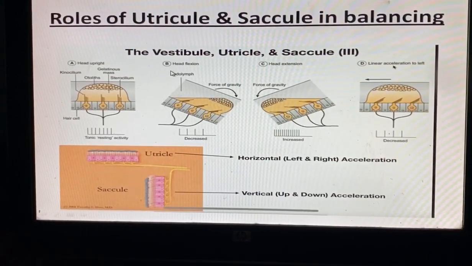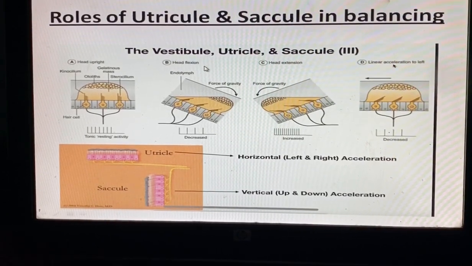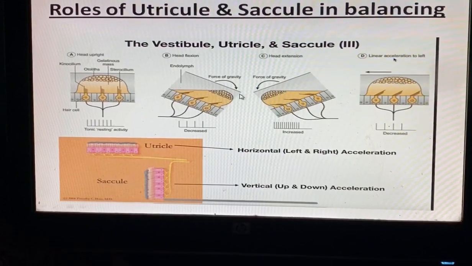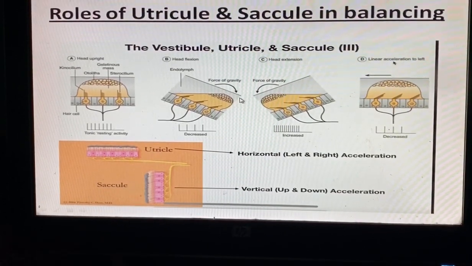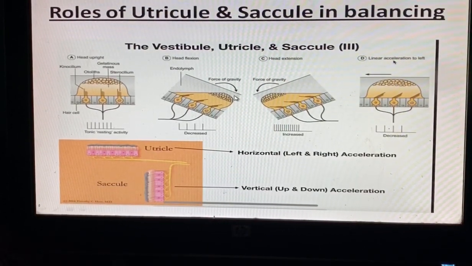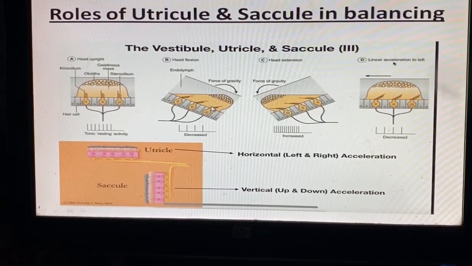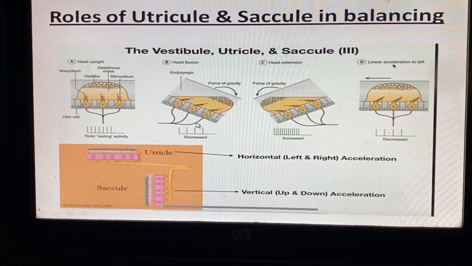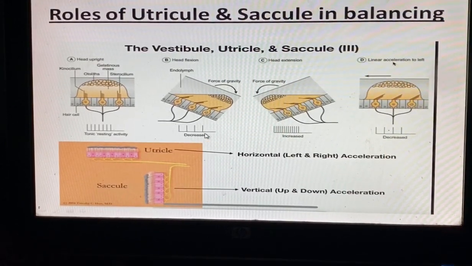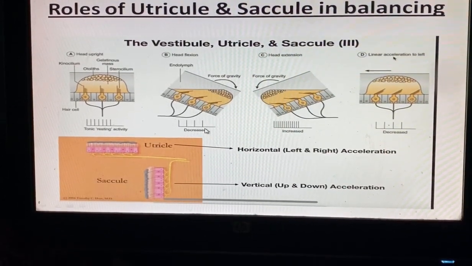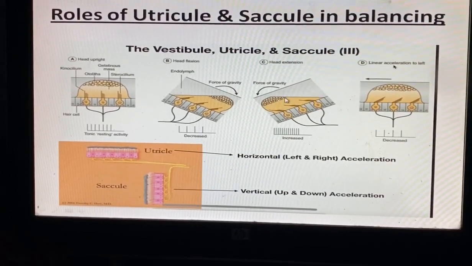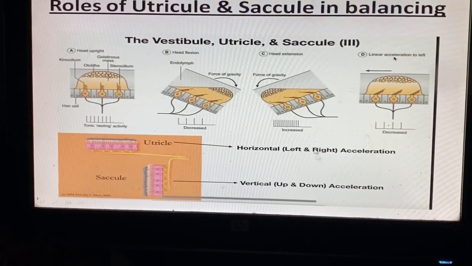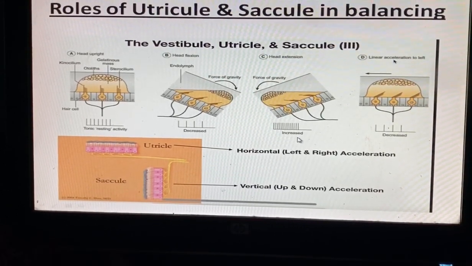At position B, head flexion occurs, the endolymph is pressing at this angle, which is creating the force of gravity, and the sensory hairs are tilting to the right side, and decreased pressure occurs over there, and then the head extension occurs. The pressure over there is increased, right?